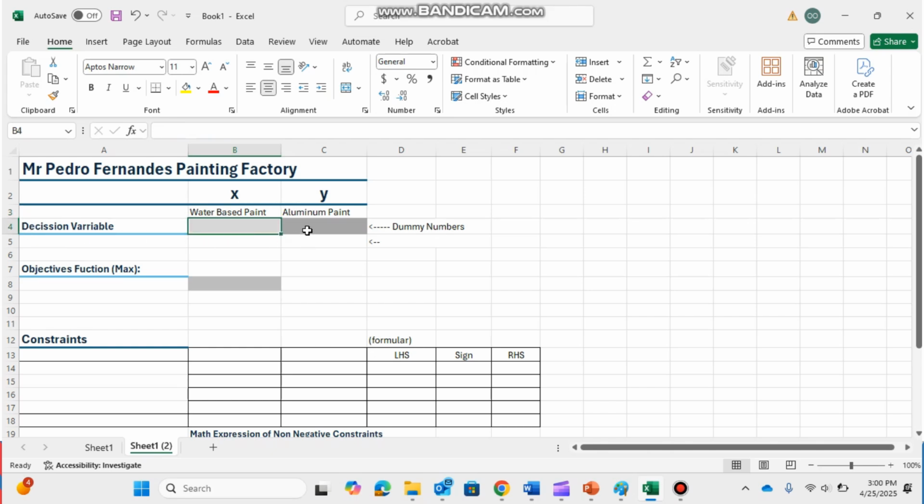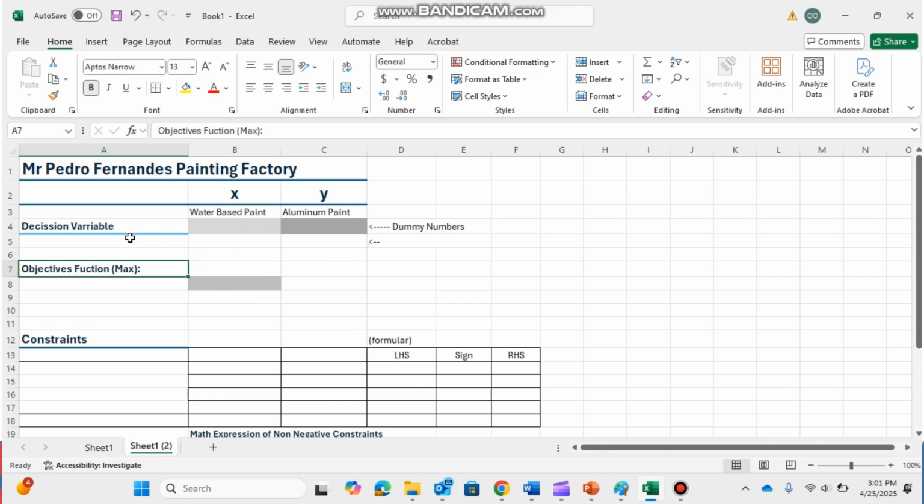Here we have this decision variable numbers, so here I create a box. You have to create a box because these are the numbers you are actually looking for. How many water-based paint needed to be produced to maximize profit, and how many aluminium paint needed to be produced also to maximize profit, because the main objective is to maximize profit.